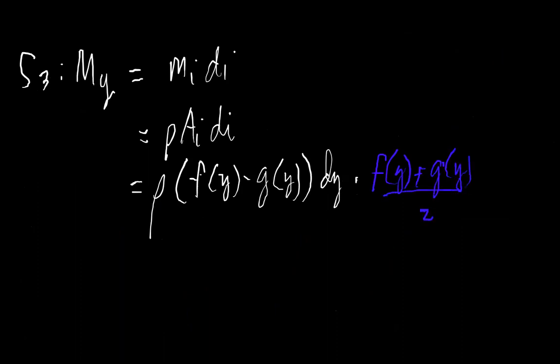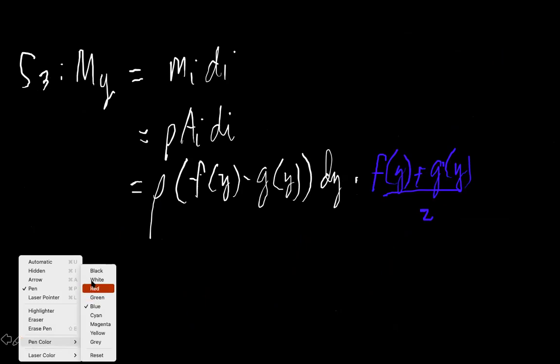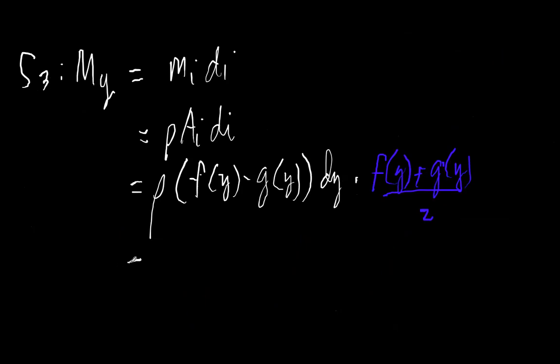Therefore, this is f of y plus g of y all over 2. Let's simplify the expression, and we're now ready to express it in the form of an integral. So we have rho times the integral, and we put the 1 over 2 as a coefficient, and we multiply f of y minus g of y and f of y plus g of y.